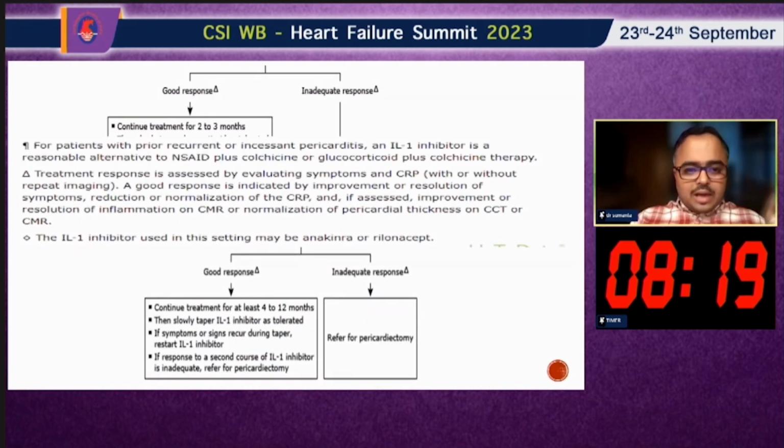And nowadays we are talking about interleukin-1 inhibitors. Between 2016 and 2021 there are large studies, around 500 papers published, showing that interleukin-1 inhibitors are gaining momentum in the treatment of constrictive pericarditis. In every patient, before we embark on pericardiectomy, we should give a trial of this interleukin-1 inhibitor, which has the potential to improve your symptoms.